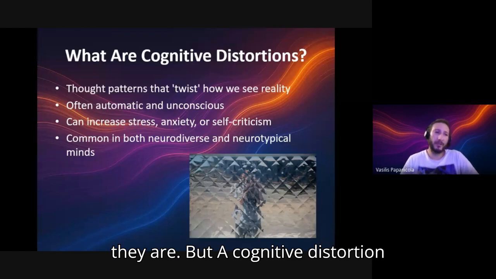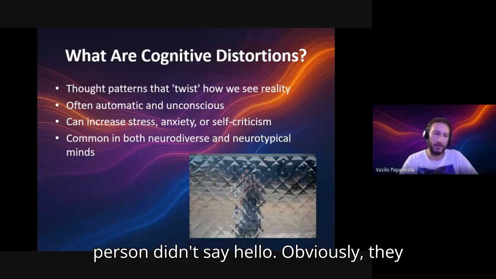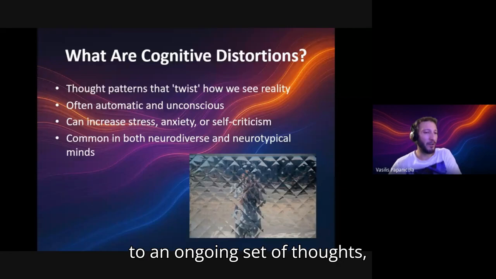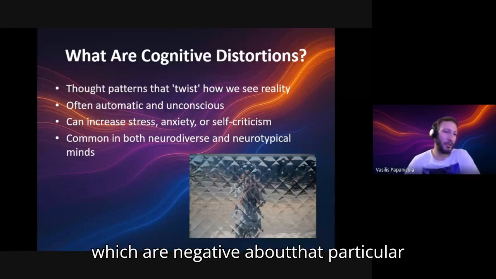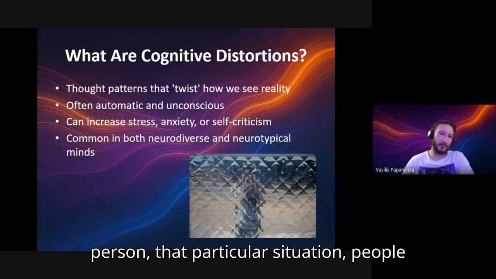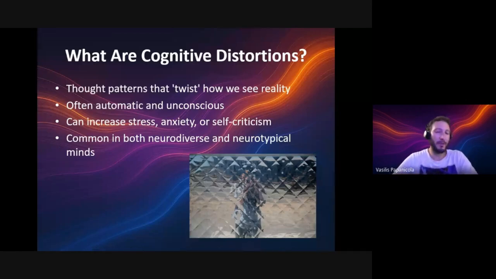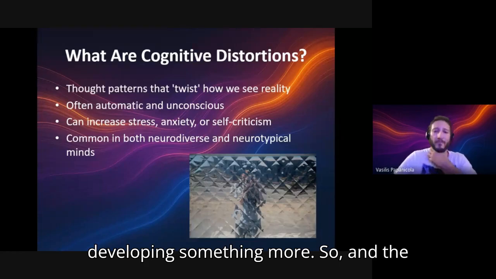But a cognitive distortion might make us think, actually, that person didn't say hello. Obviously, they don't like me. And that may lead to an ongoing set of negative thoughts about that particular person, that particular situation. It can exacerbate and develop into something more.